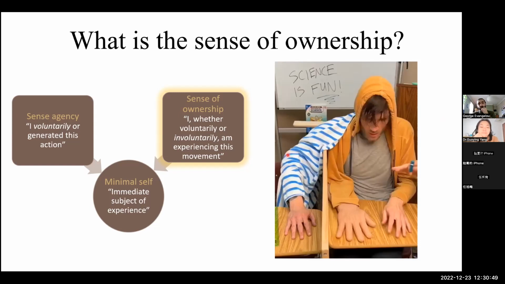So a clear methodological paradigm that we know of is the rubber hand illusion, by Botvinick and Cohen. And so what this experiment does is attempt to make a fake hand feel as part of the participant's own body.